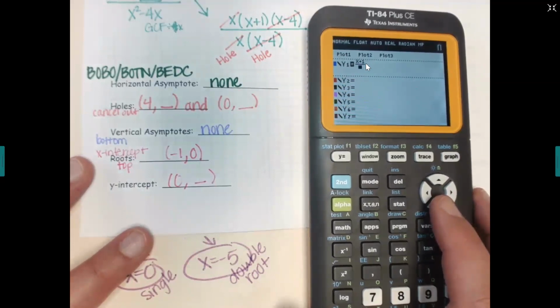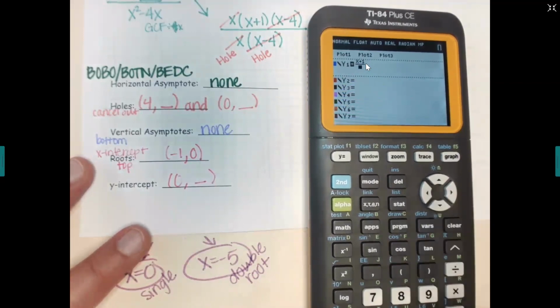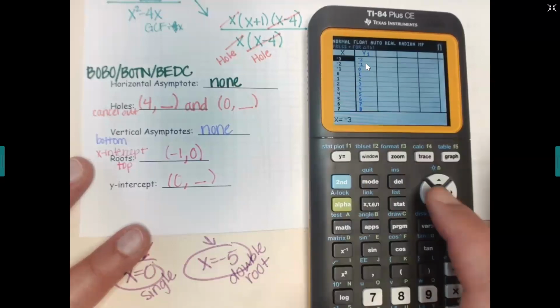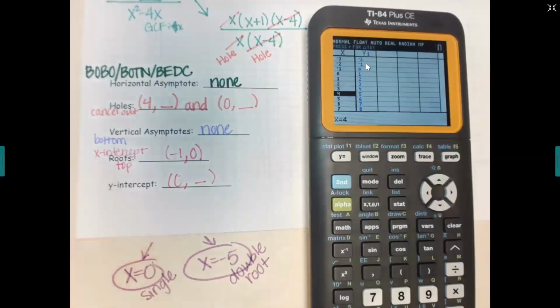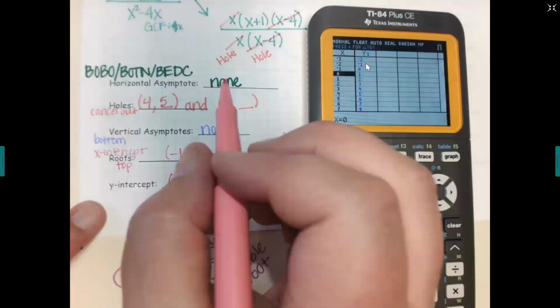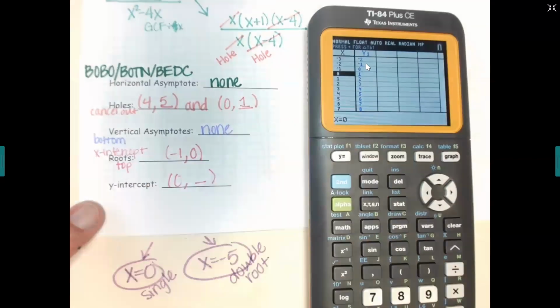You can't put nothing or it's gonna say error. So if there's nothing left on bottom, put a 1 as a placeholder. Then from there, I'm looking for 4's partner and 0's partner. 4's partner looks like it is 5, 4 comma 5. And 0's partner looks like it is 1.